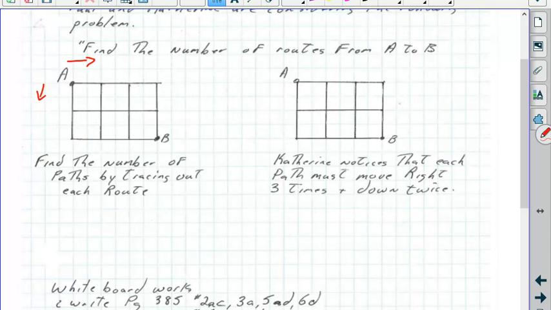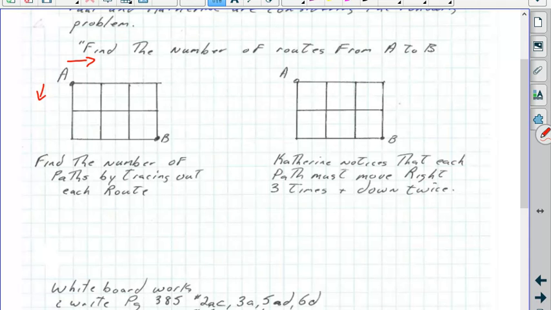So, how many different ways can we do this? 1, 2, 3, 4, 5, 6, 7, 8, 9, and finally 10. Okay?